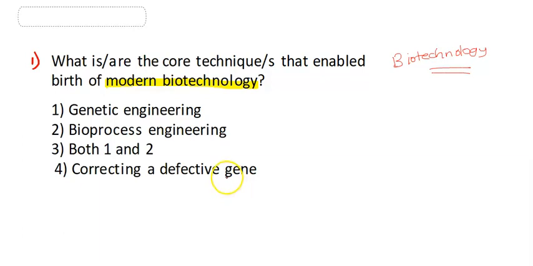This question is directly from your NCERT textbook. We know that the core techniques that enabled the birth of modern biotechnology are genetic engineering and also bioprocess engineering. So our answer will be option 3, that is both 1 and 2.